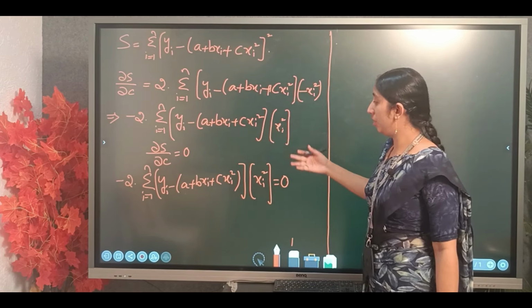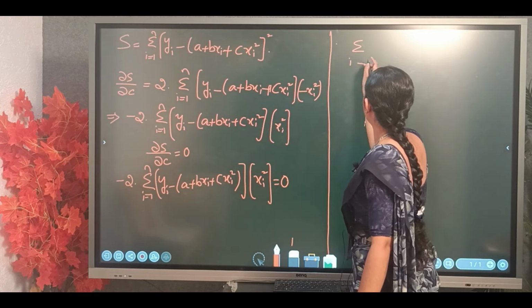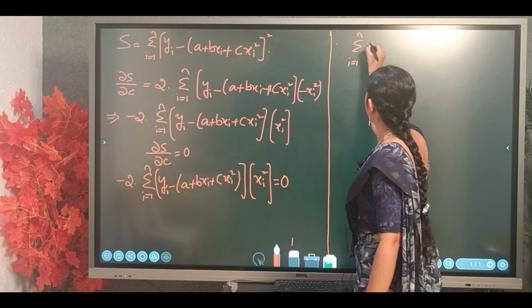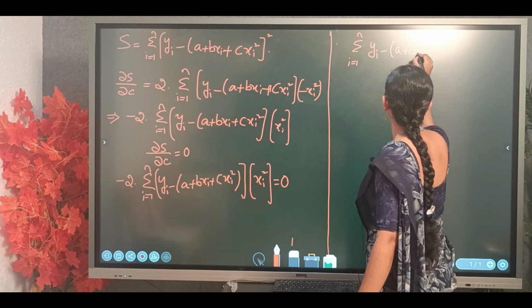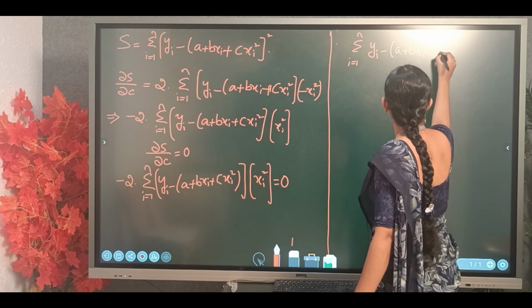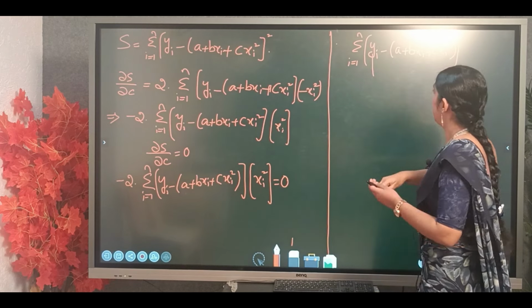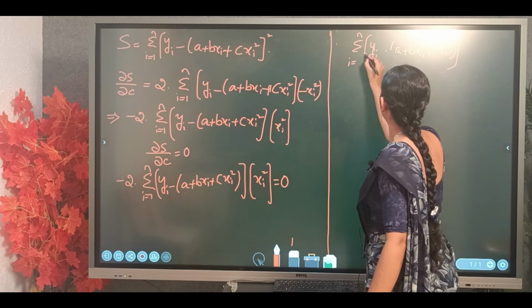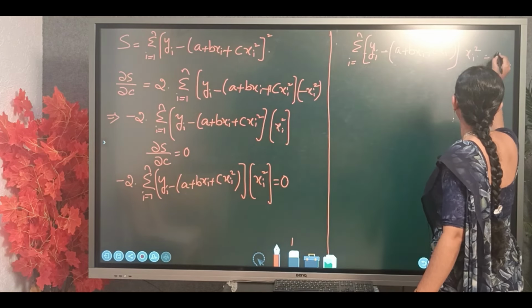When this minus 2 goes to the other side, it becomes 0. So summation i equals 1 to n of (yi minus (a plus b xi plus c xi squared)) into xi squared is equal to 0.